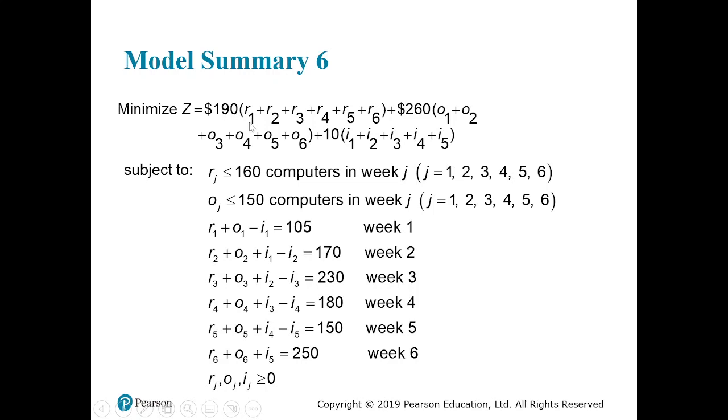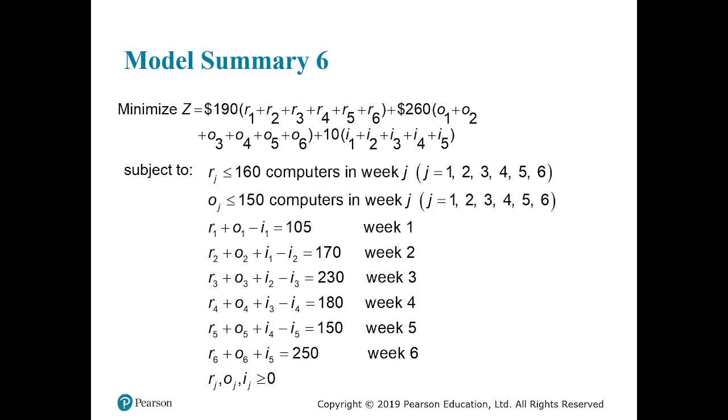So this is 190 for R1, 190 for R2. R1 is the regular production at week 1, and R2 is the regular production at week 2, and so on. The cost associated with the overtime production is 260, and the cost involved in inventory is $10.